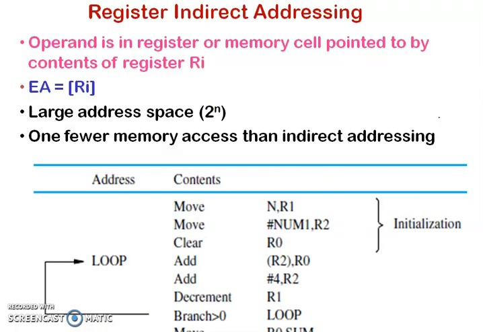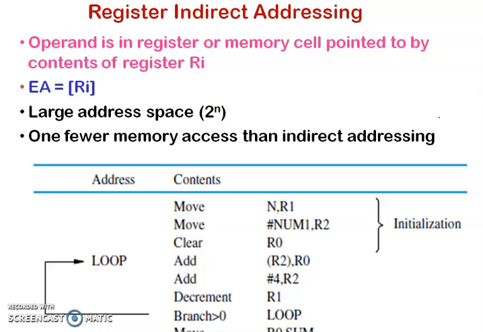The next is register indirect addressing mode. Register addressing mode was where, in the instruction, the name of the register is directly specified and the value is taken from the register itself.